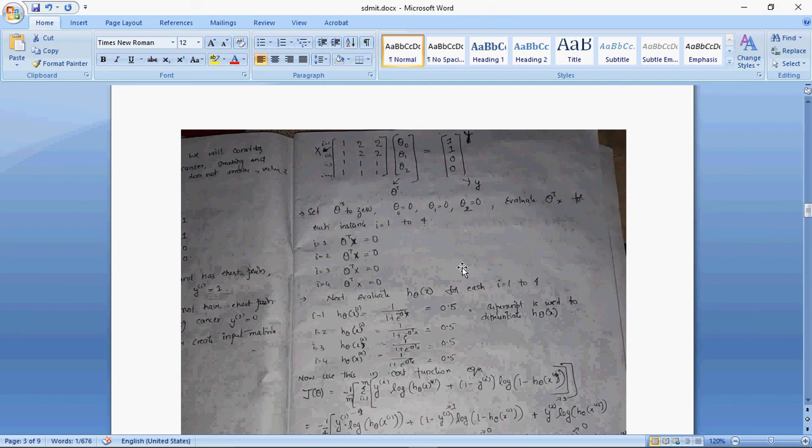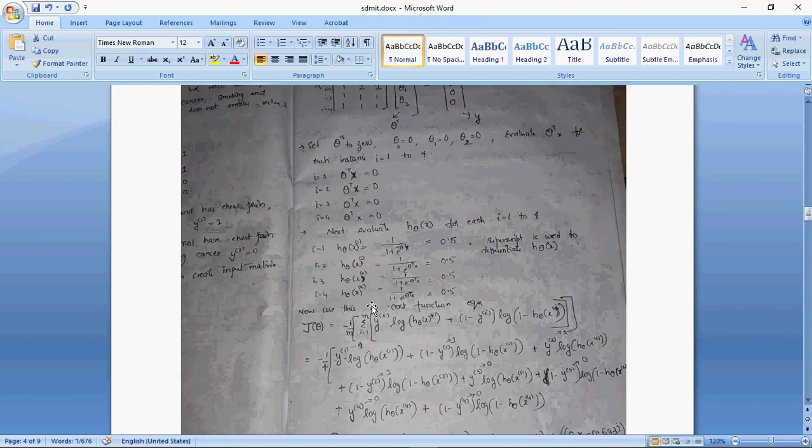Then you have to compute h theta of x. When you evaluate it, h theta of x comes out to be 0.5 for all i going from 1 to 4, h theta of x(1) to h theta of x(4). It is always 0.5 because this is e to the power 0, so 1 over 1 plus 1.